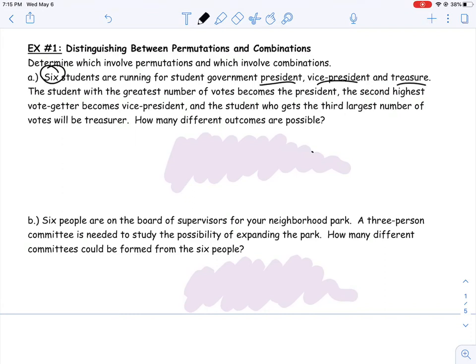Does order matter? Well, the person with the highest number of votes is president, second is vice president, and third is treasurer. So order does matter in this example, because it makes a difference who gets the highest number of votes. So to me, this would be an example of a permutation because order does matter.